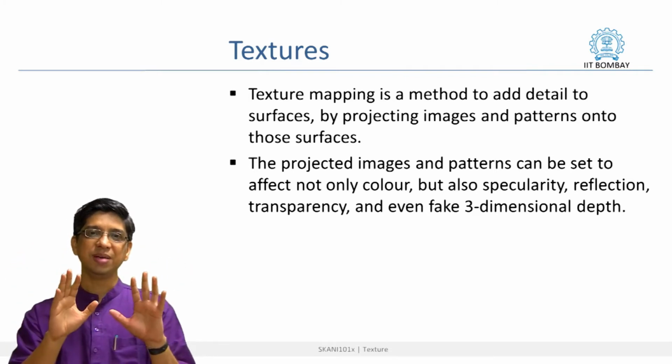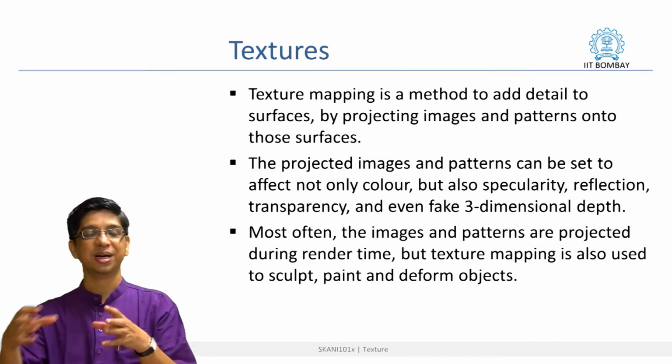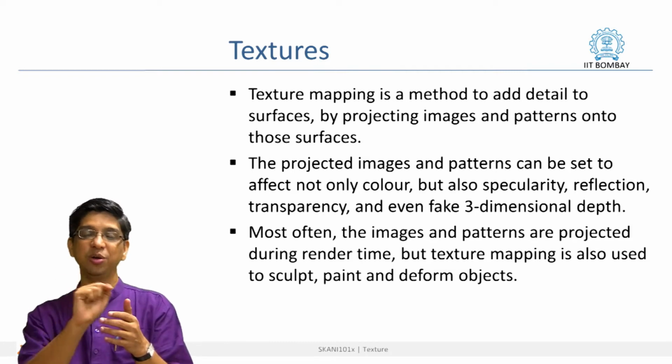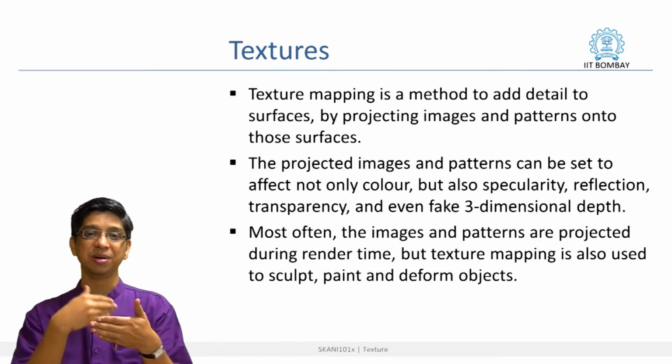So, most of the time we see a cheating happening there, where there are just boxes, but the textures have those windows and the detailing of the pipes and everything as a texture being applied as an image, but you can't even make it out because the lights will react accordingly. You can see the shades and it will also substitute some, why some? Actually it substitutes a lot of 3D modeling which is otherwise a very painstaking effort. So, this is a very useful tool to learn, and we will see some nitty-gritties of it in this session.